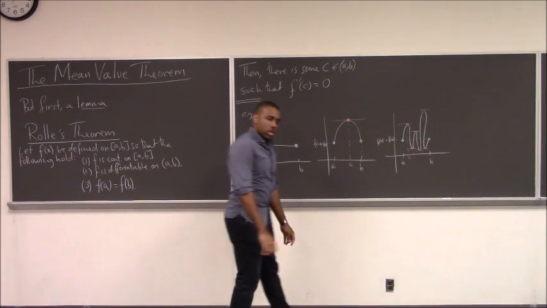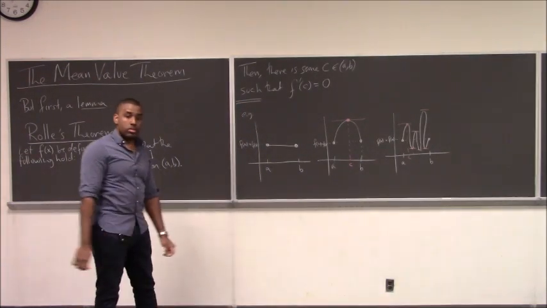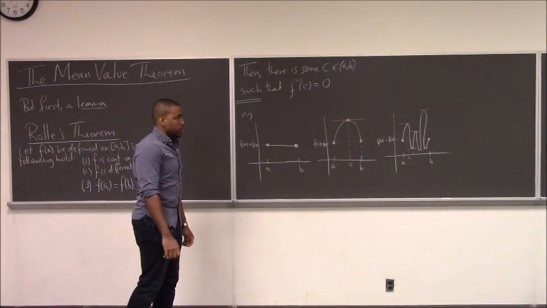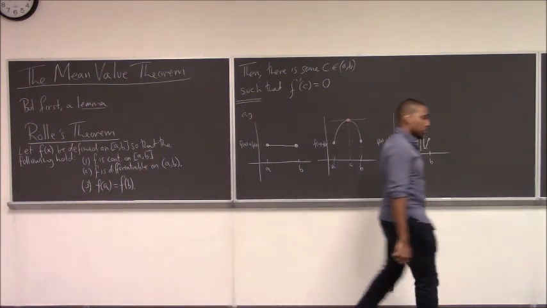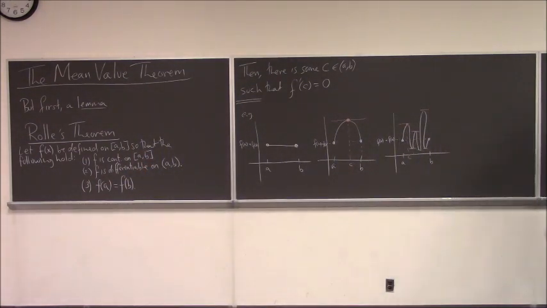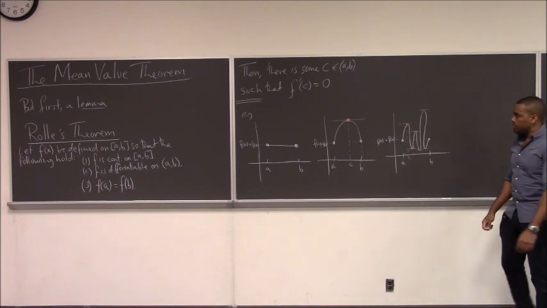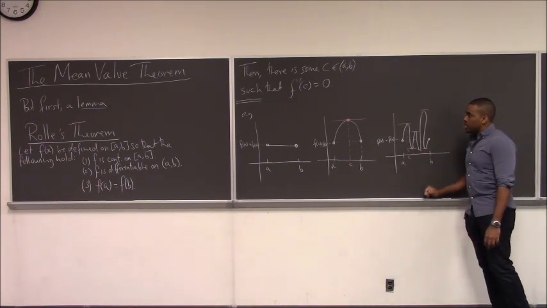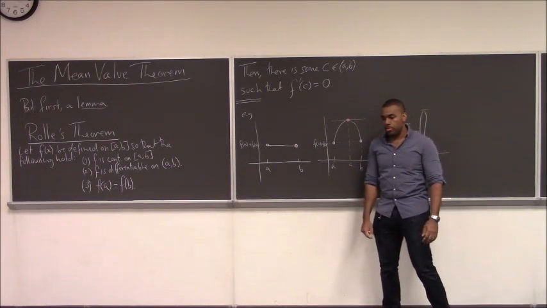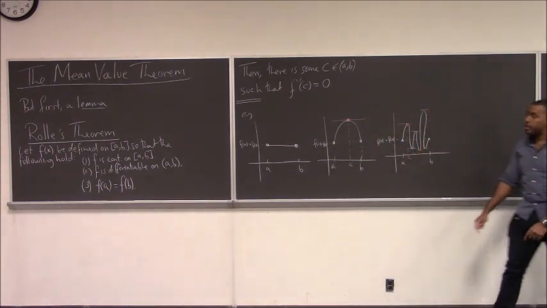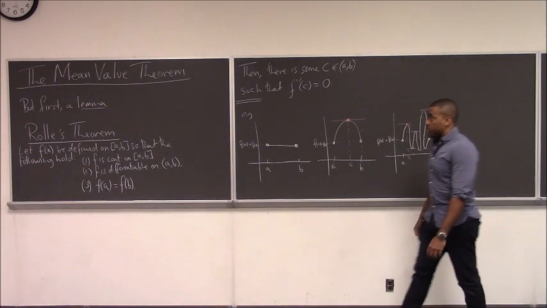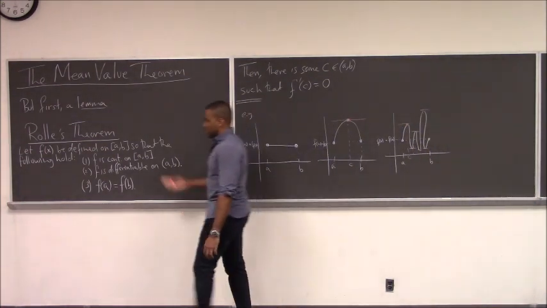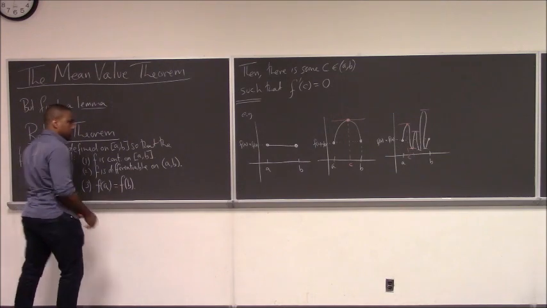Most of the time I have a horizontal tangent line, it means that the derivative is 0. So any function that fulfills these three conditions on a closed interval will have somewhere in the interval at least one place. Perhaps a finite number of places, perhaps even an infinite number of places, but there will be at least one place in which the function will have a derivative of 0. And that is Rolle's theorem. So that's it.